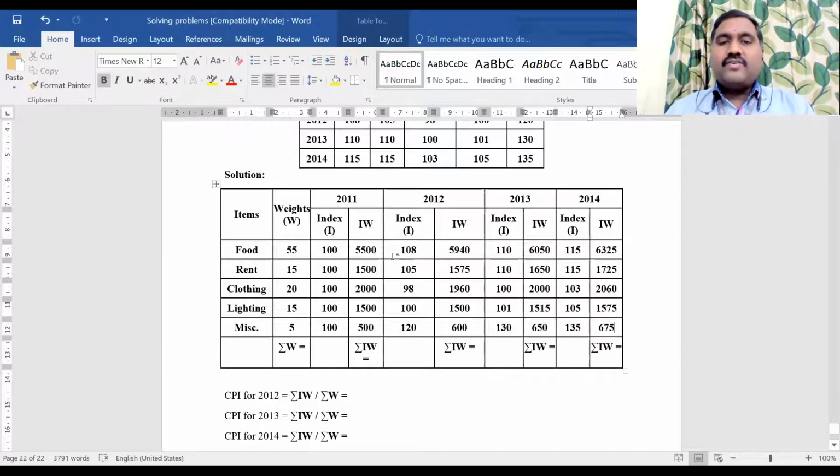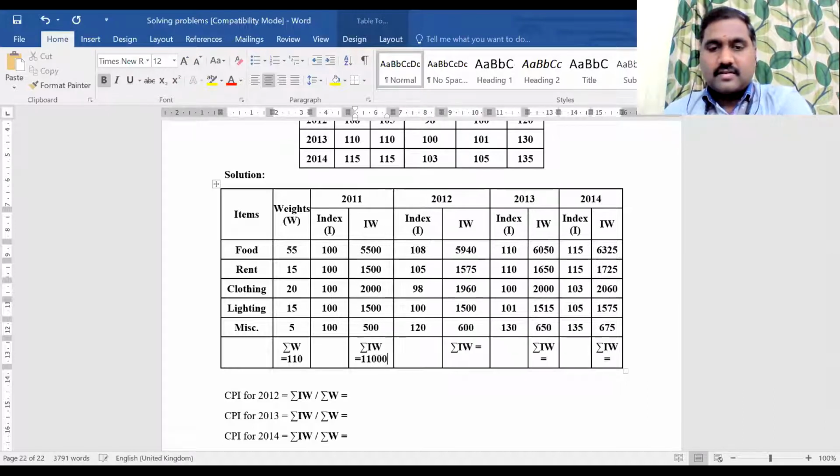Now we need to calculate the total value. What is the total value of summation W: 50, 60, 70, 90, 100, 110? And this one 5, 6, 7, 9, 10, 11, and this one 11,575.